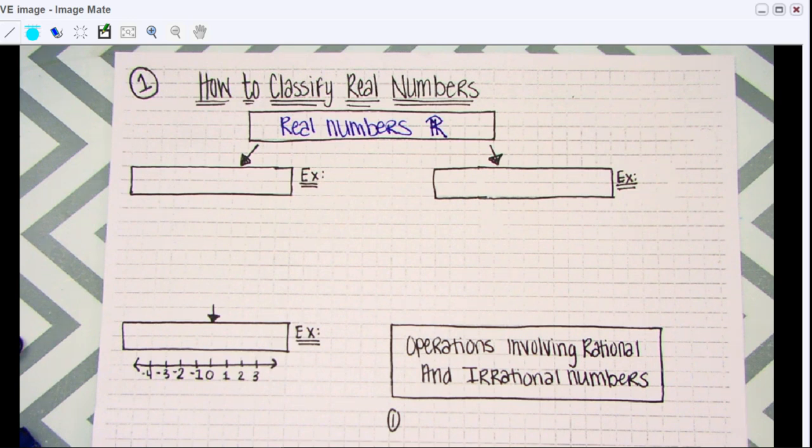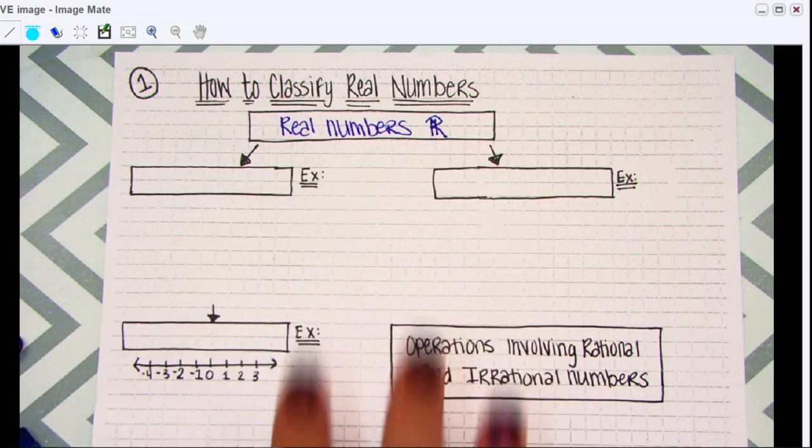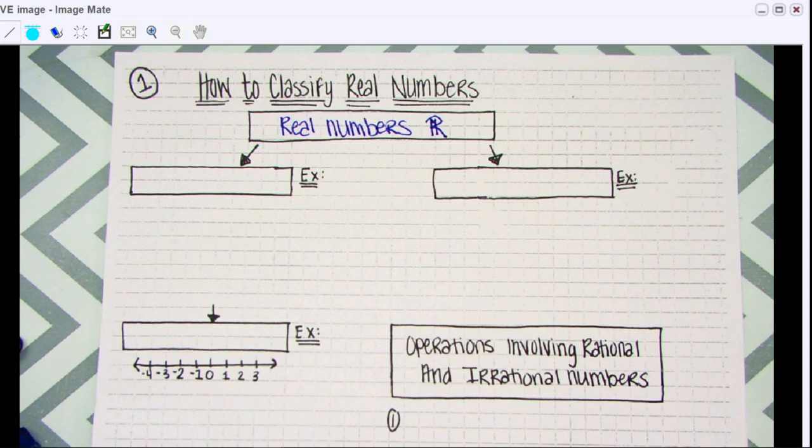How are the real numbers broken up? So what's the subgroup of real? Integer is on there, but before integer, there's something else. Imaginary is kind of on its own thing. So all these numbers are real. Whole numbers down towards the bottom. Nope.